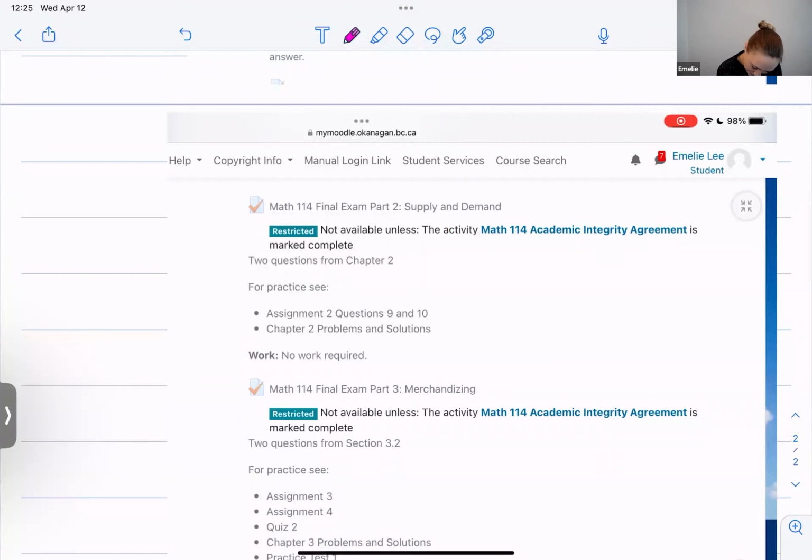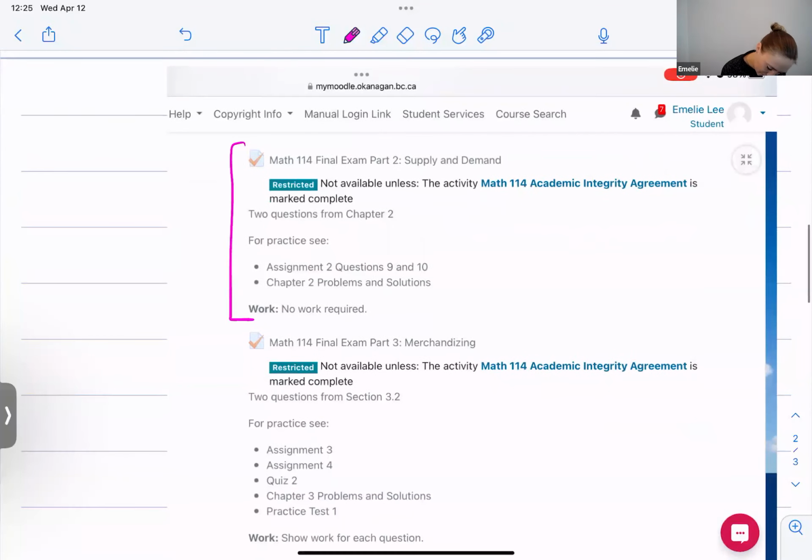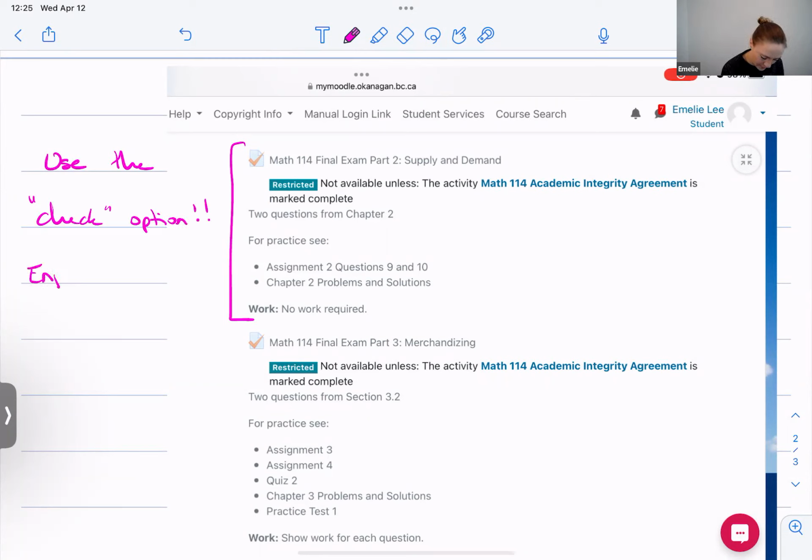So here, use the check option. Enjoy the free marks.